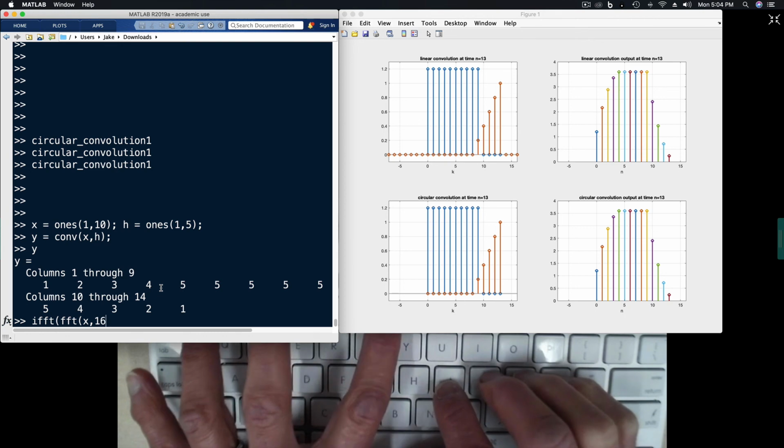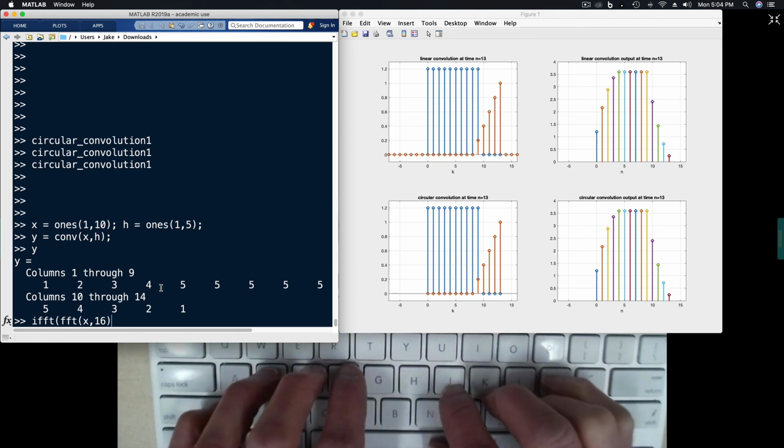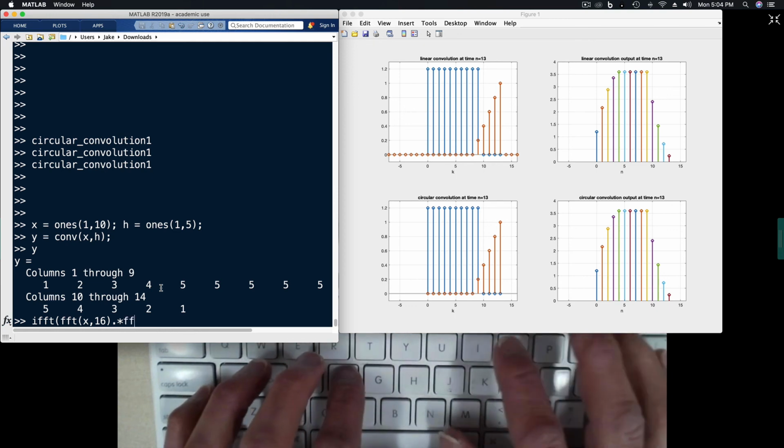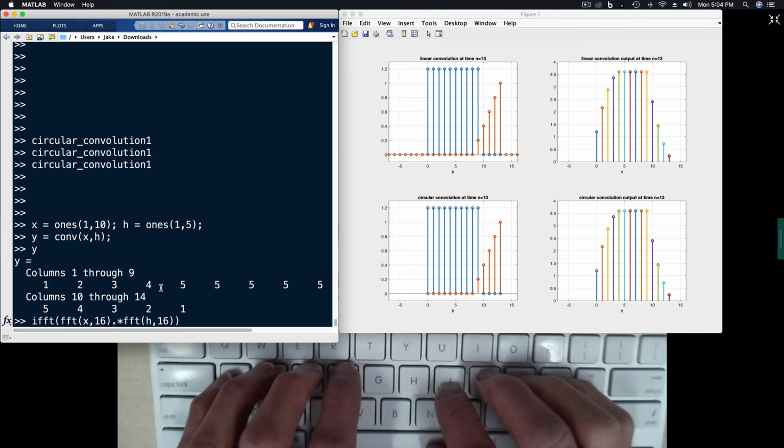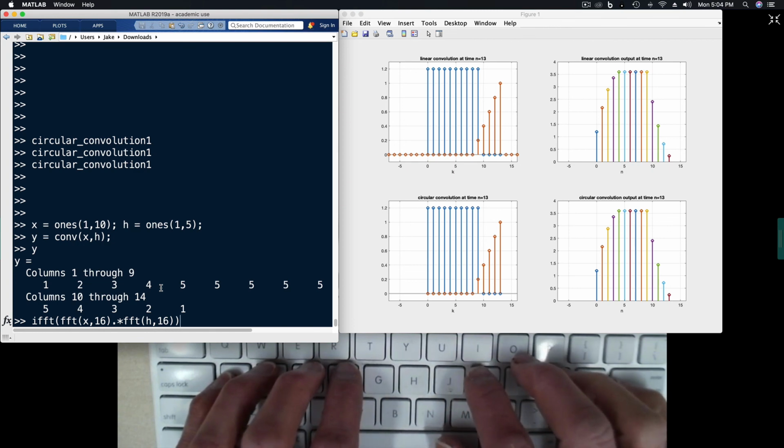So let's do a 16-point transform. We'll zero pad a little bit. Then we'll multiply point for point times the 16-point transform of h, and let's look at the result that comes out.